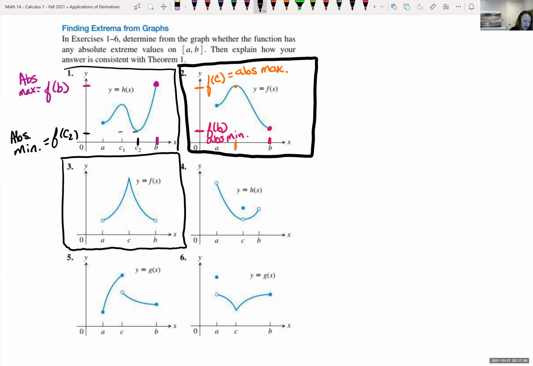But we do have a value when x is c that gives me the highest point on the graph, and it's defined. This is a continuous function, so f of c is our absolute max, and there's no absolute min.